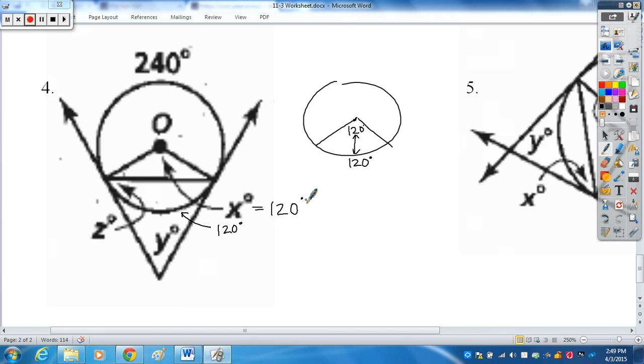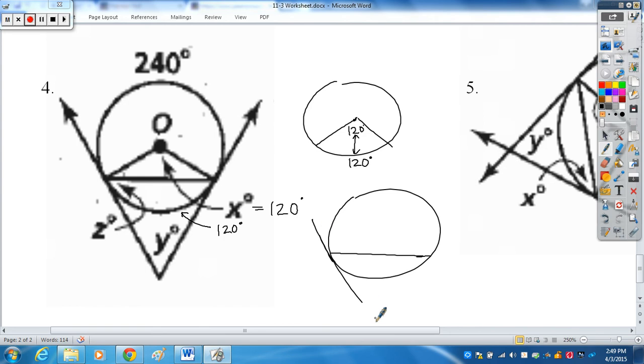Okay? All right, now if I break this picture apart again, number 4, to find z, here's what you're kind of looking at. Okay? You've got this radius there. Actually, undo that. I don't want to do the radius. I don't even need the center. I'm just going to draw the chord that goes across to make angle z. So we've got this chord right here, and we've got this tangent line right here.